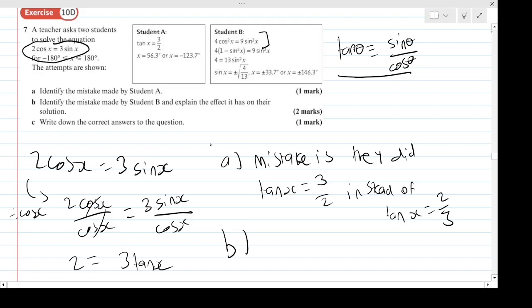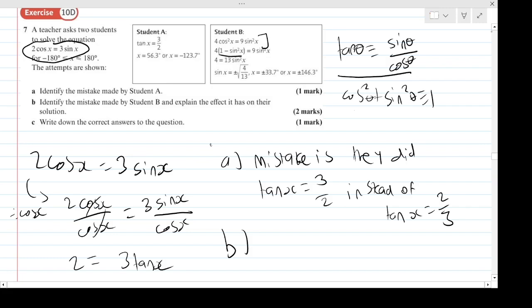Which actually raises alarm bells. Okay, so they did that then. It's not really the best approach, but you could do that. But then they used the identity cos squared plus sine squared is 1.